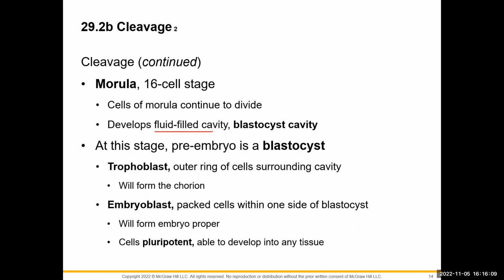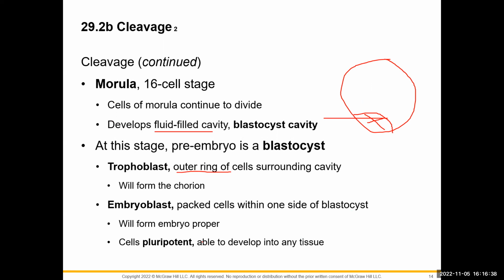The blastocyst has 2 structures to it. The first structure is called the trophoblast, an outer ring of cells surrounding this cavity. Then you'll notice off to one side a clump of cells, and that clump is called the embryoblast.